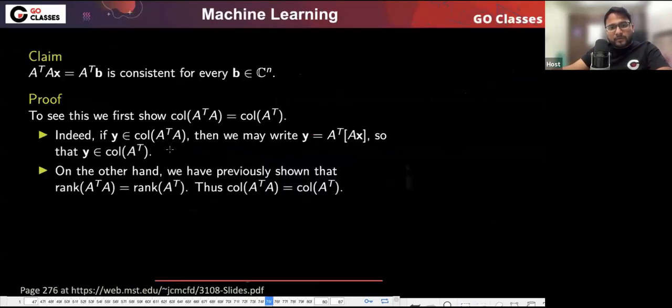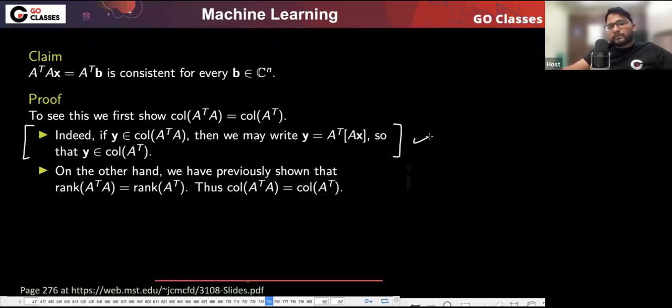So basically, if I want to show that this is consistent, then what I have to show is that this particular quantity is in the column space of A transpose A, and this is in the column space of A transpose. So suppose you consider a vector which is in the column space of A transpose A. Then it is definitely in the column space of A transpose, right? That's what we have already proved.